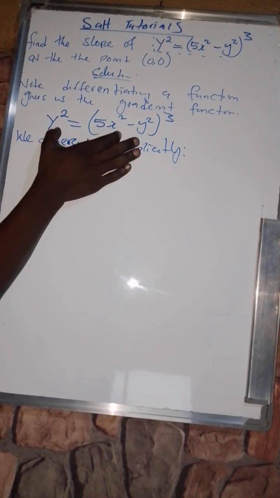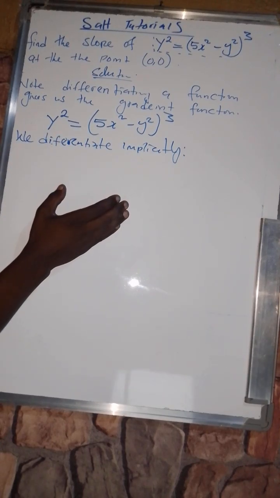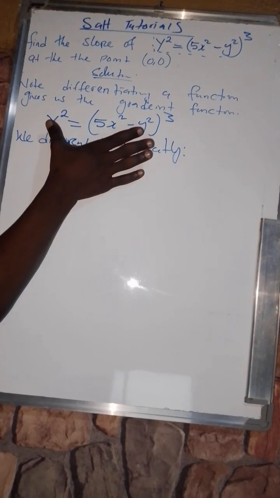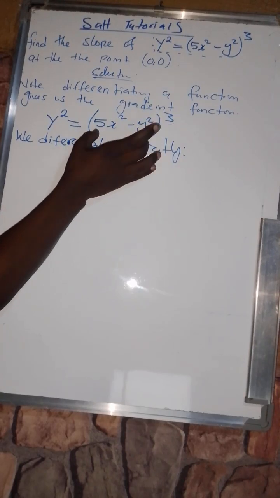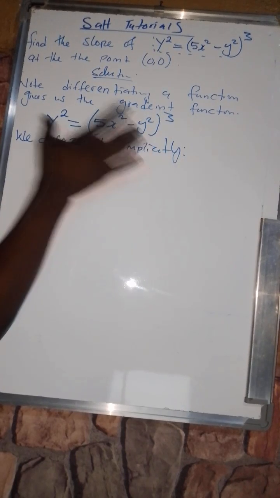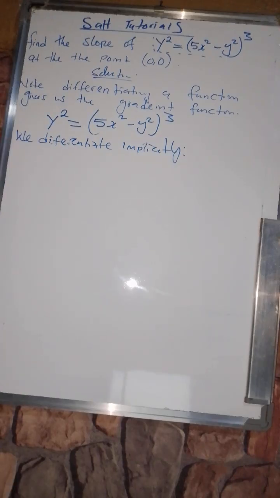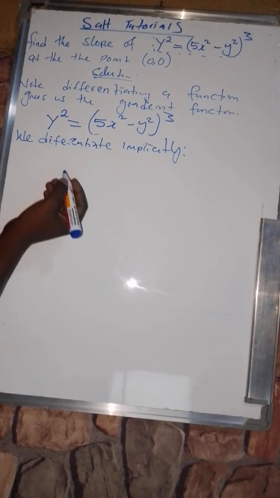Chain rule works in a situation whereby this is a composite function, a function raised to a power. So I don't know which one I can use here. Let me see, which one can be faster? Okay, let me try logarithmic differentiation. I think it is easy.